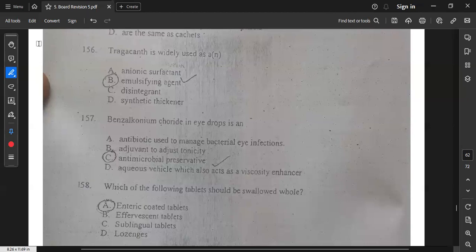So tragacanth is widely used as an anionic surfactant, emulsifying agent, disintegrant, or a synthetic thickener. So we're agreeing that the answer is B.